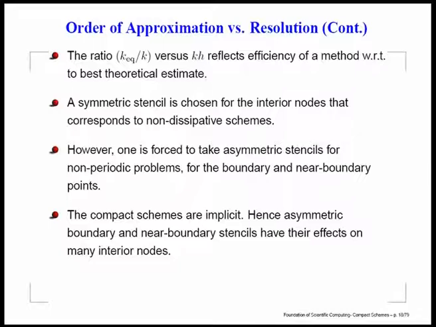However, we have also seen that we are forced to take asymmetric stencil for the boundary and near boundary points, that would make the method either dissipative or non-dissipative near the boundaries, and this is an implicit threat of compact schemes. Okay. So, we have to be wary of it, and we have to guard against it.